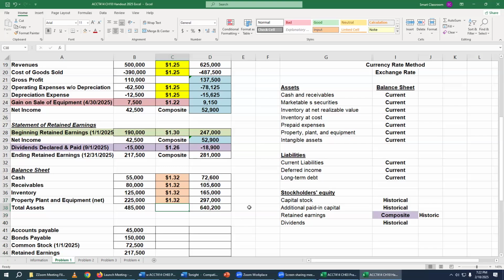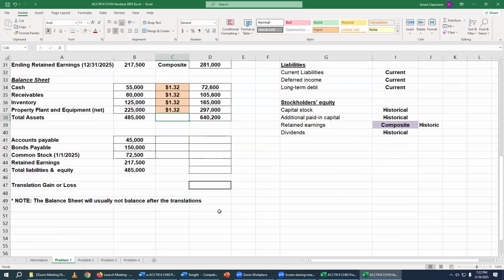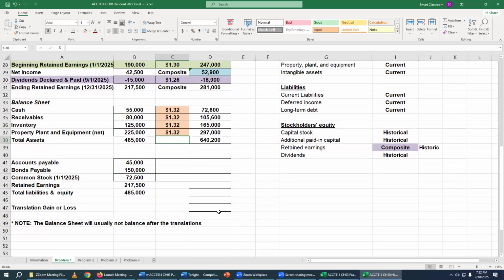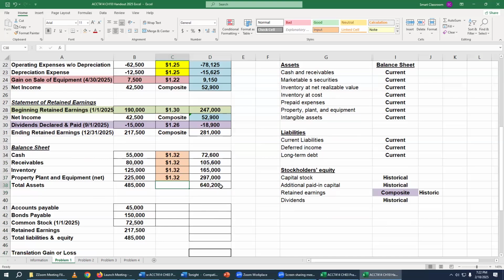Excuse me, that would be at a current rate. Let's go to liabilities. Hey, current rate, gotta like that.